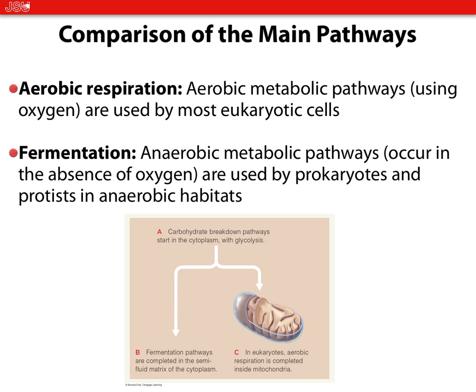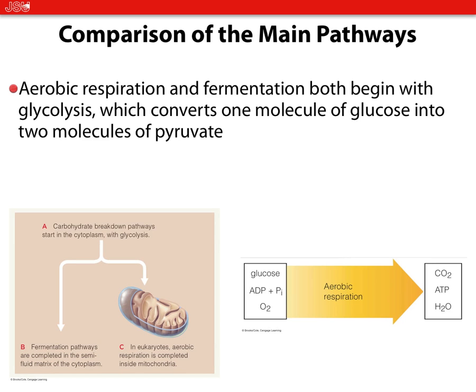Now, the products of glycolysis can go either into the pathway to the left, which is fermentation, or the pathway to the right, which is aerobic respiration. So this slide is just saying that the two options for the products of glycolysis are aerobic respiration inside the mitochondria in eukaryotic organisms, or fermentation, the left pathway. You should know what these two are.